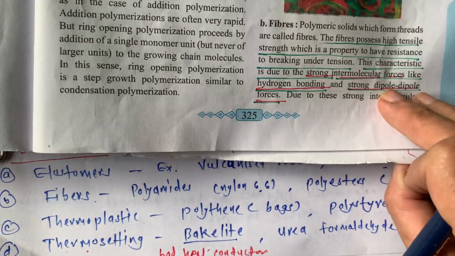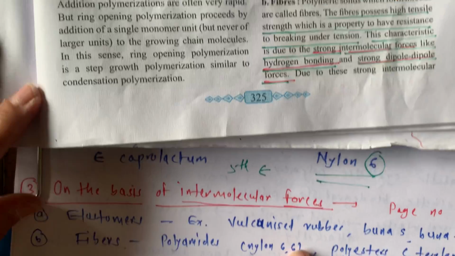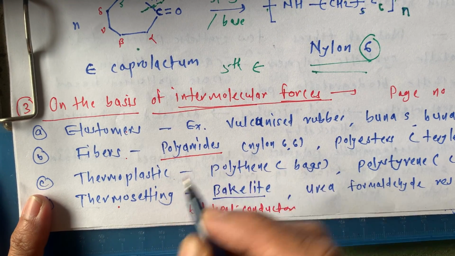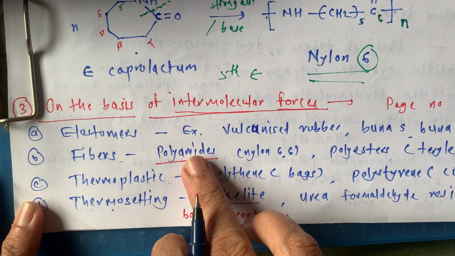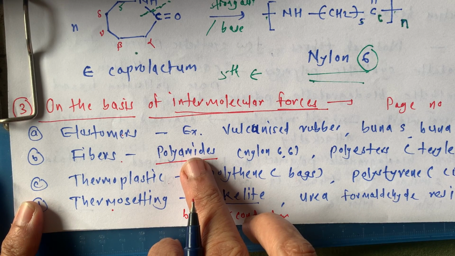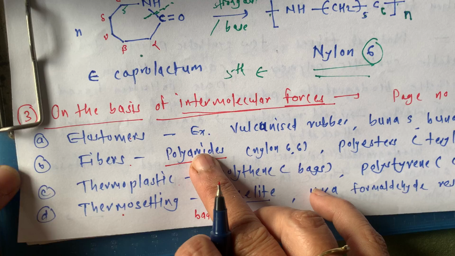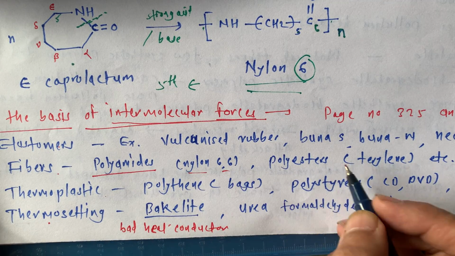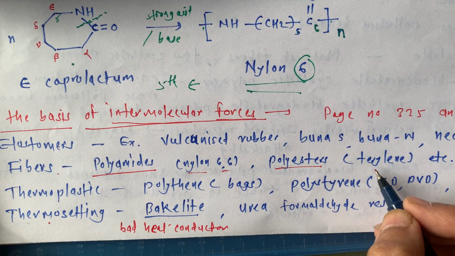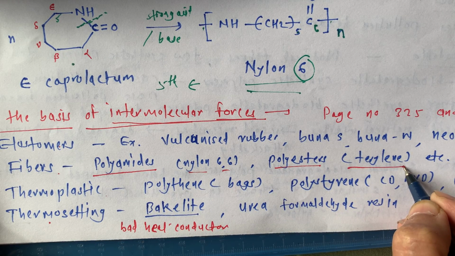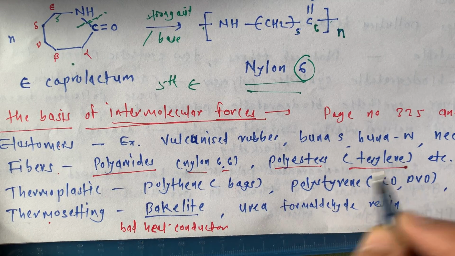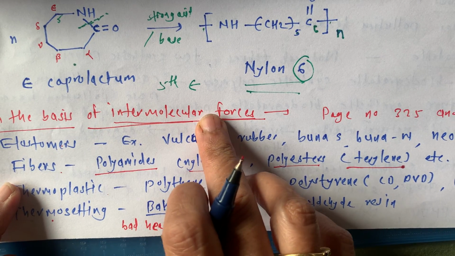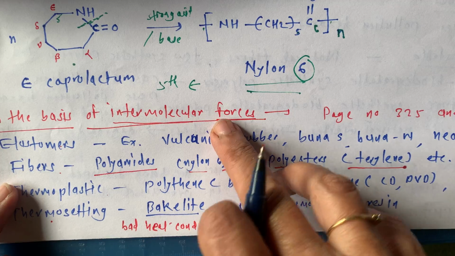Next one is fibers. Fibers are nothing but polyamides. We studied such polyamides in biomolecules, in proteins also. For example, nylon 66. If there is a polyester, then the commercial name is terylene. In these fibers also, the intermolecular forces play a main role.